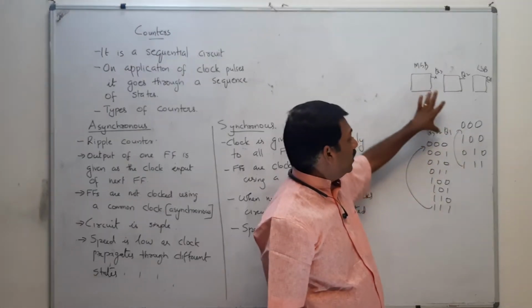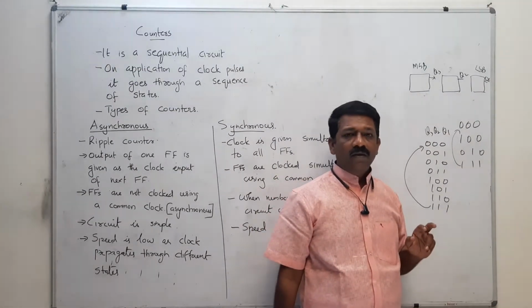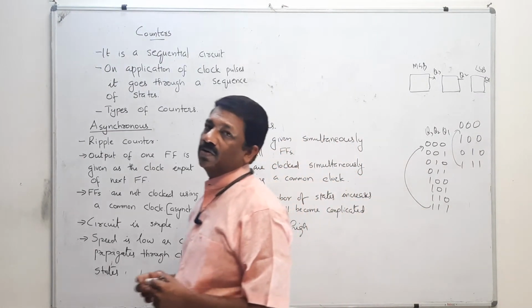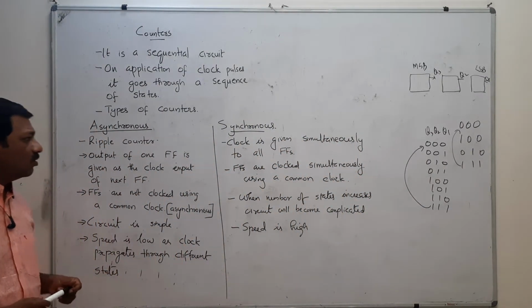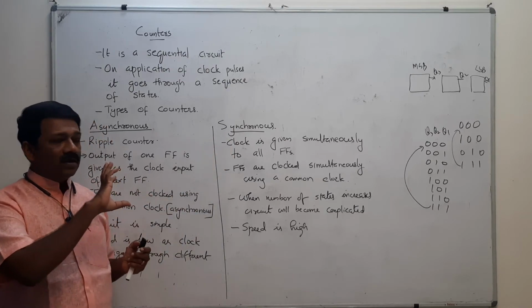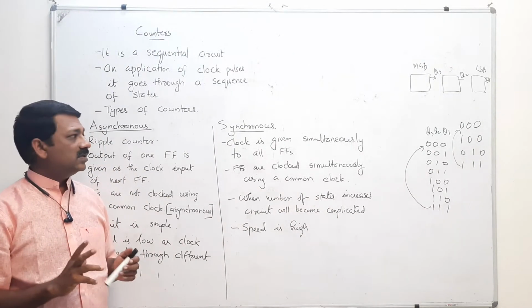Okay, and now suppose that all the flip flops are triggered using a common clock. All of them are triggered using a common clock, we call it a synchronous counter. That means all of them are triggering at the same time.